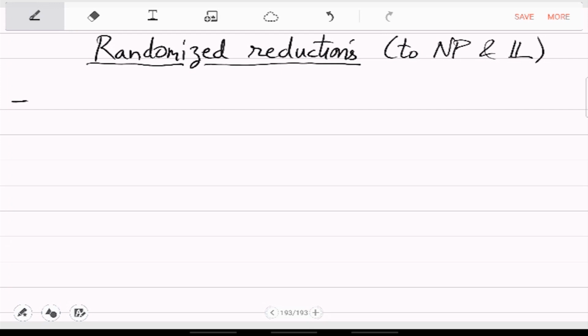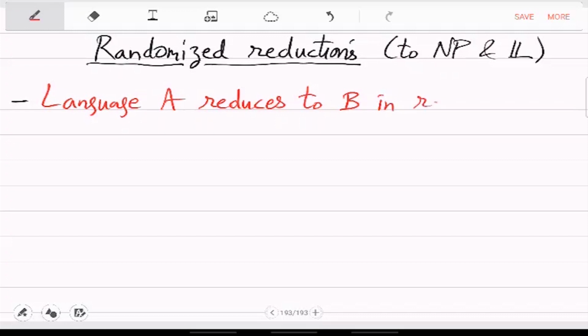So language A reduces to B in randomized polynomial time.